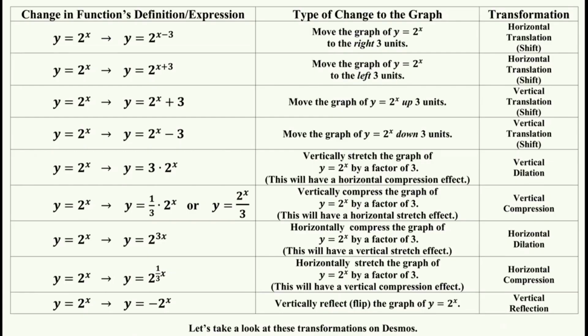Okay, by now we have seen these kinds of transformations with both parabolas and exponential functions, but the nice thing about it is that what you have learned applies to all functions, so we can generalize this on the next screen.